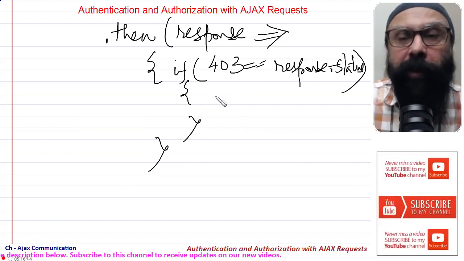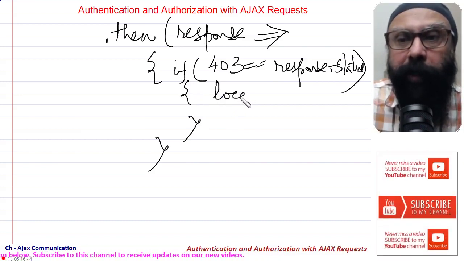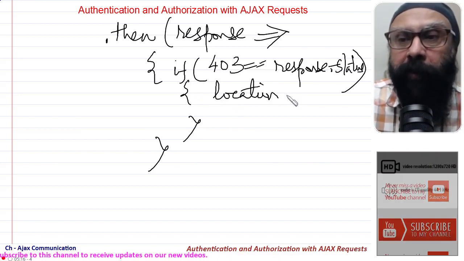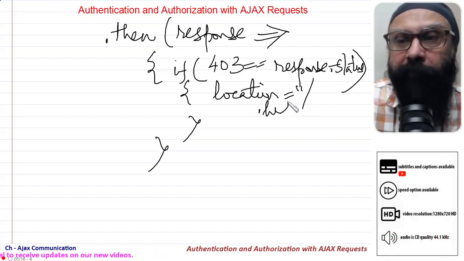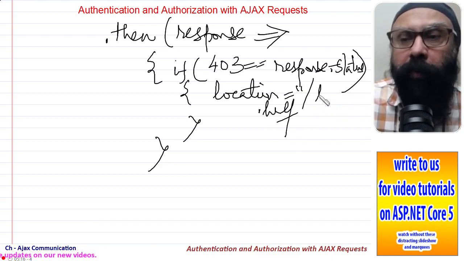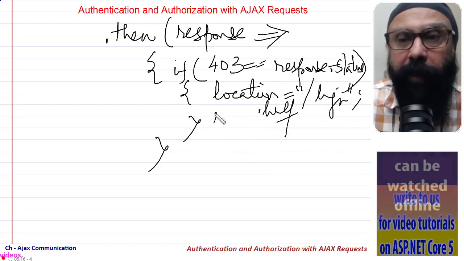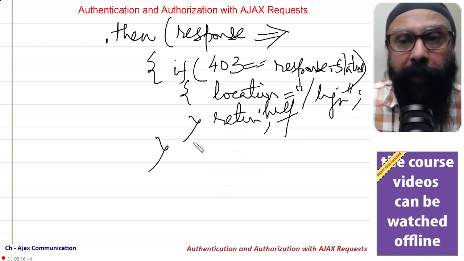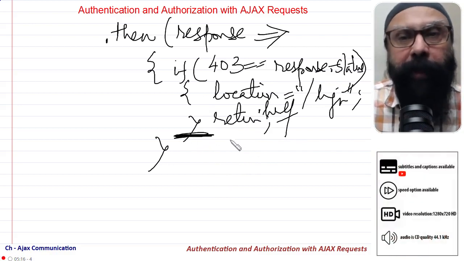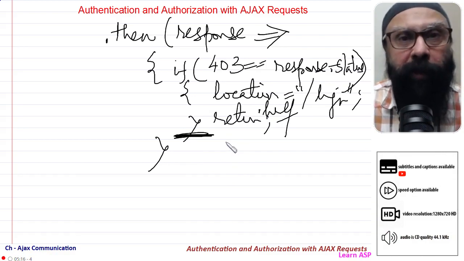Here you can say access denied, or maybe you can redirect the user to the location.href equal to the login page. You can redirect the user to the login page and return here itself. And after this, here you will extract that response.json.